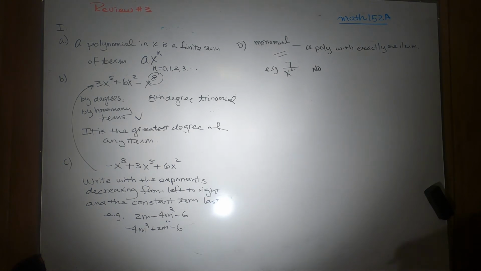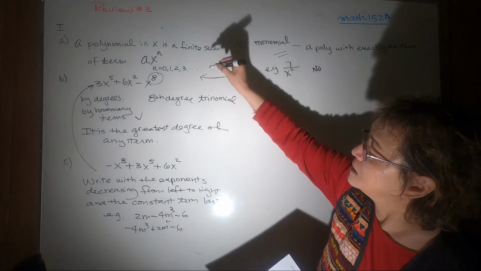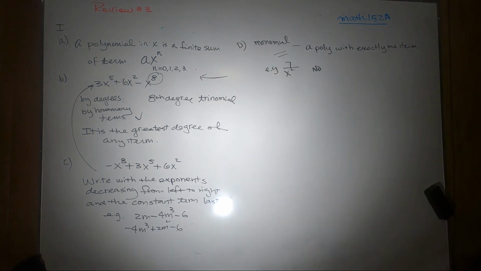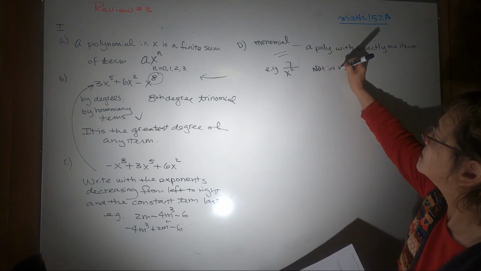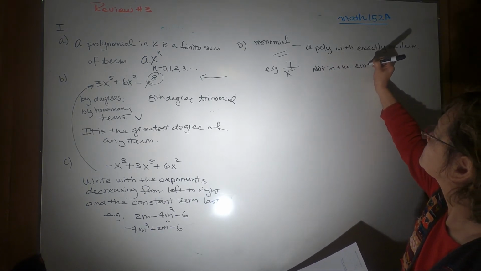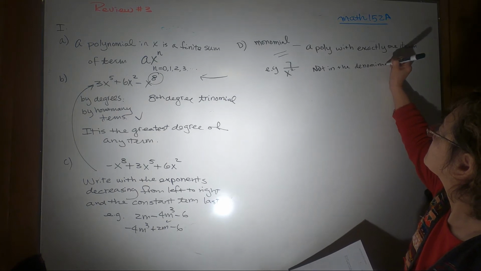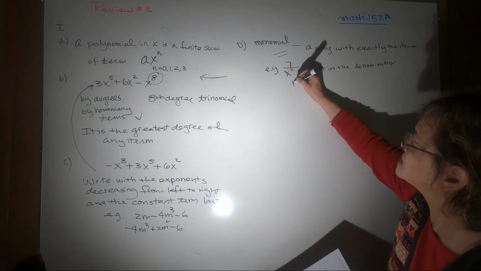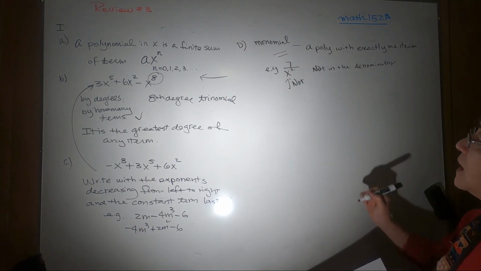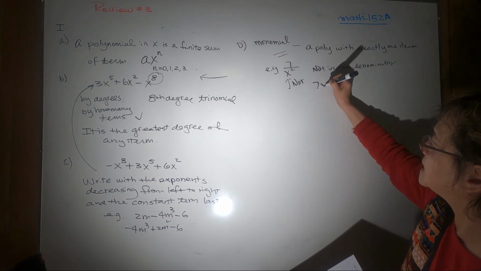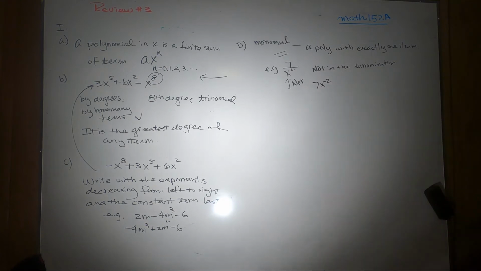Because for polynomials, the power of x is a base, not in the denominator. So this one is not a monomial, right? Because it can be written as x to the negative 2 power.